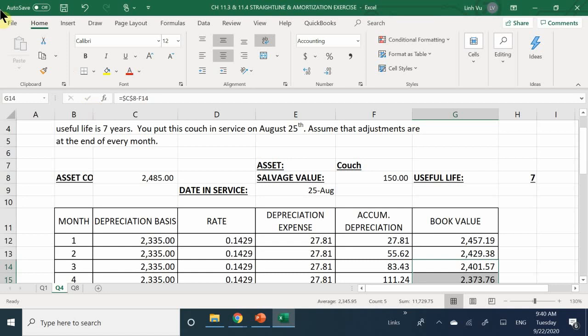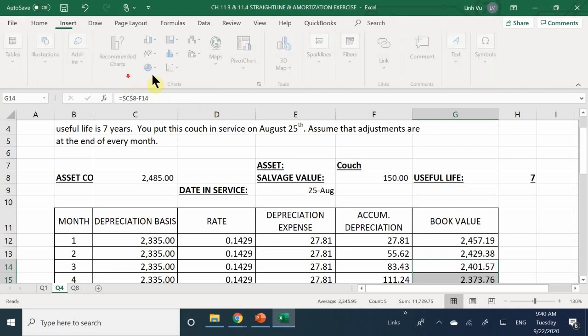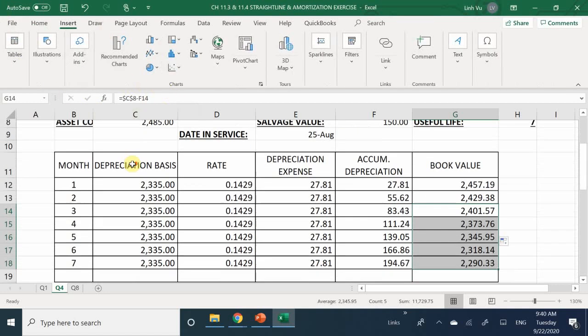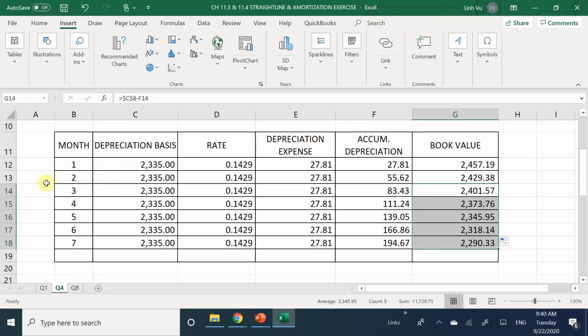So let's look at our accumulated depreciation. How much in total was 4 months worth? 111.24 is our total amount that we've accumulated within the 4 months.